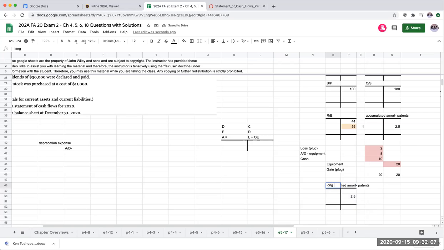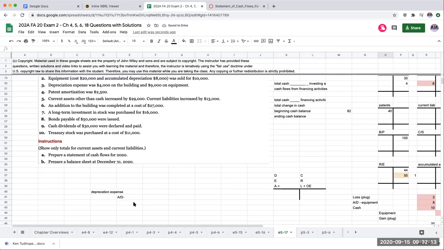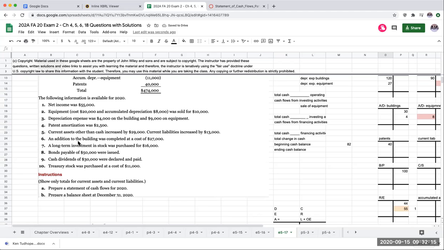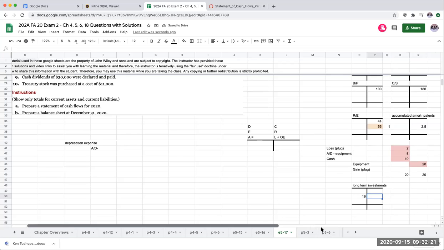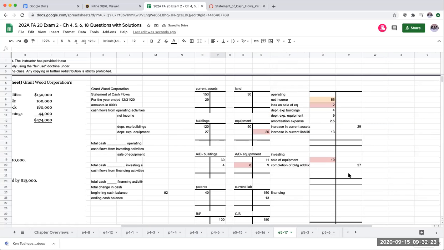So we'll call this long-term investments. And I purchased a long-term investment over here. It was purchased for 16. So this would be a debit to long-term investments. And then over here, I'm going to do the opposite to cash in the investing section of 16, purchase of long-term investments. Okay.